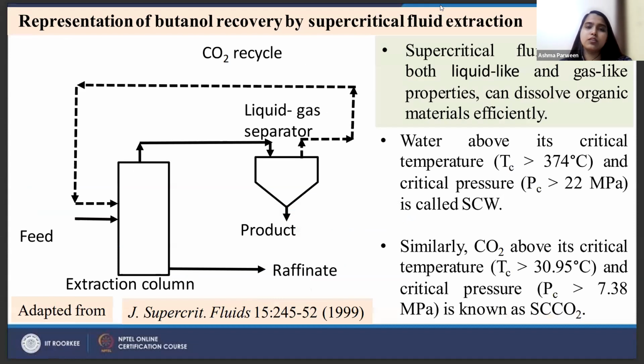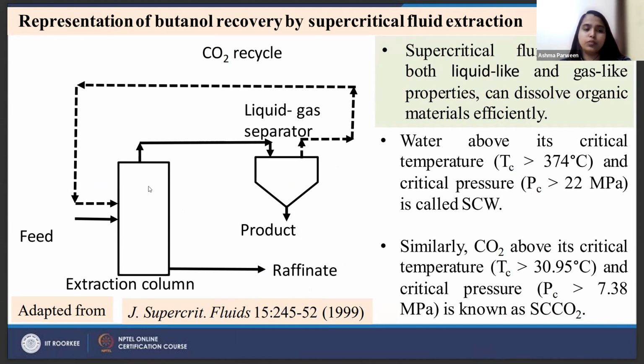Next is by using supercritical fluids. Supercritical fluids have both liquid-like and gas-like properties, and can dissolve organic materials very efficiently. The feed in which butanol is present is fed to a column filled with supercritical fluid.